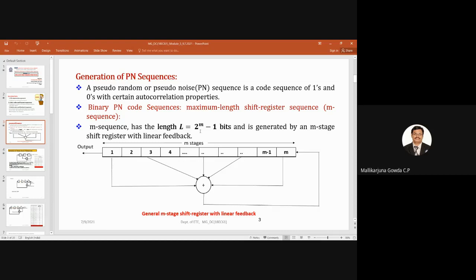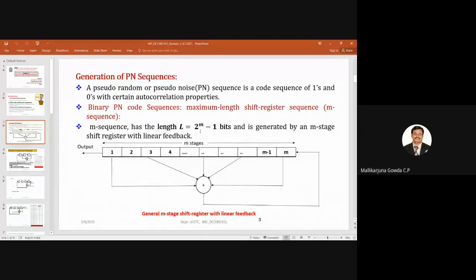Let us see its properties in the upcoming slides. As of now, you should be able to say it is a sequence of ones and zeros with certain autocorrelation properties. And then I said how the sequence length relates to the number of shift registers.